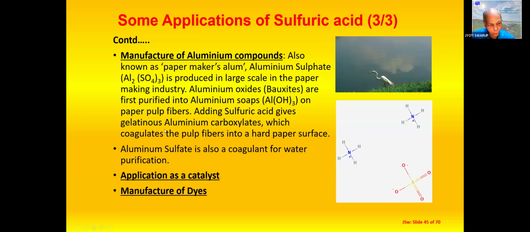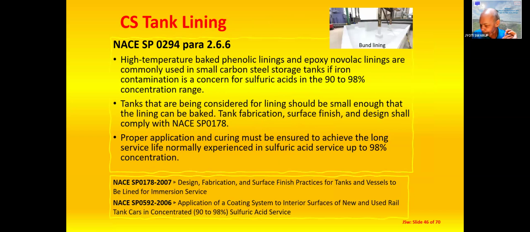Aluminum oxides are purified into aluminum soap on paper pulp fibers. Adding sulfuric acid gives gelatinous aluminum carboxylate, which coagulates the pulp fibers into a hard paper surface. Aluminum sulfate is also a coagulant for water purification, sometimes used as a catalyst or even used for dyeing.